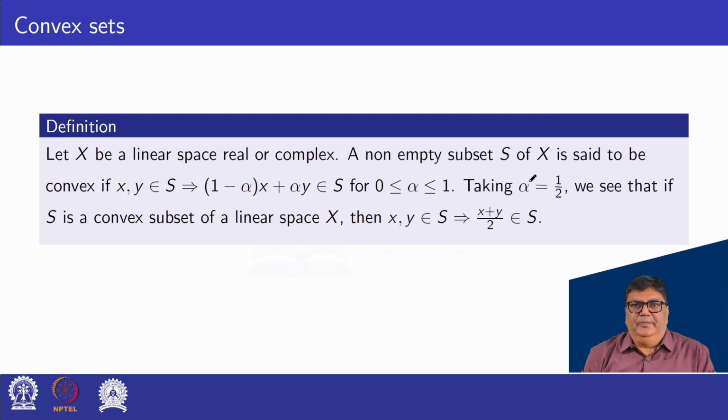Taking alpha equal to 1 by 2, we see that if S is a convex subset of linear space X, then x, y belonging to S implies that (x plus y) by 2 belongs to S.